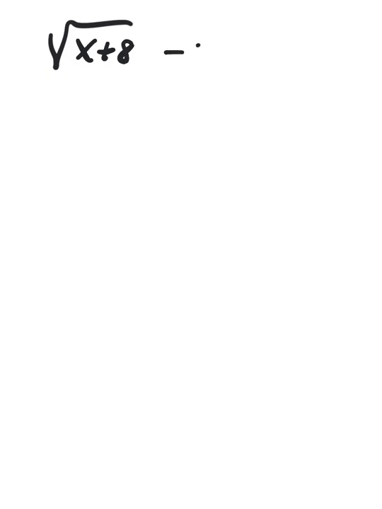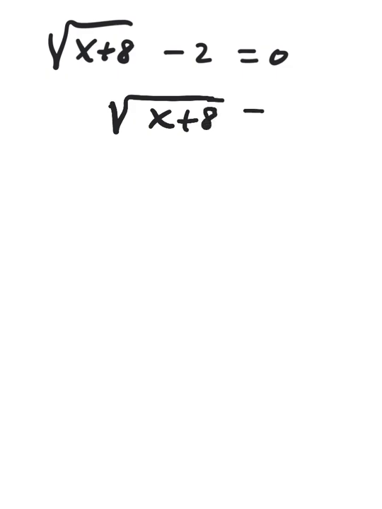minus 2 equals 0. If your radical term is not isolated, that's the first thing you go for. In this problem, we need to add 2 to both sides. Once you've isolated the radical term, then to remove a square root radical, you square both sides.